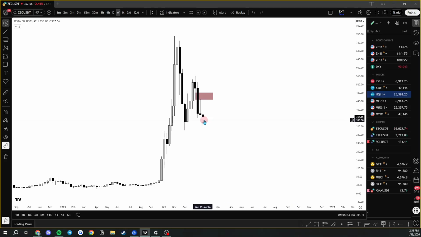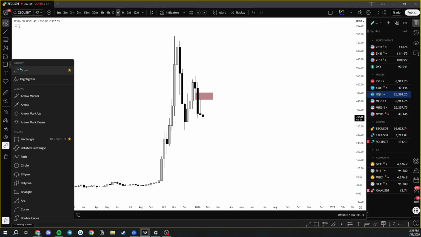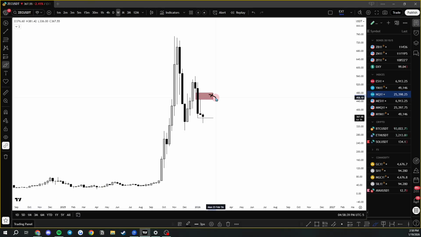So if this week closes as a bullish reversal candle, then I'm expecting a move back into here, okay? Right? And at that point, I don't want to be long no more. Like as soon as we touch that, I'm out and I'm waiting for a potential bearish reaction. So that's what I think about Zcash.